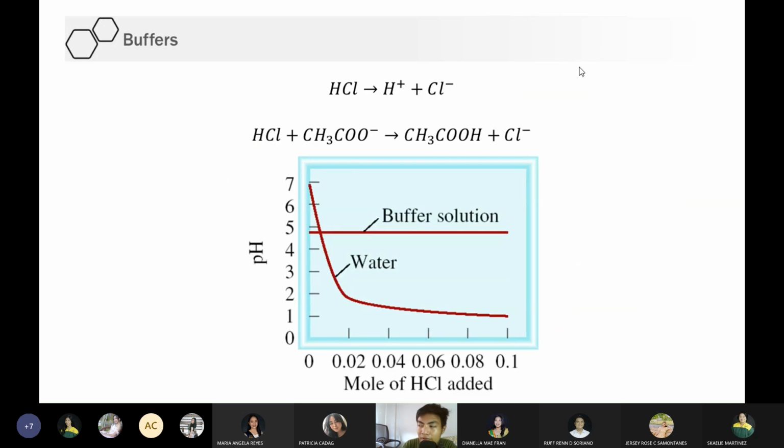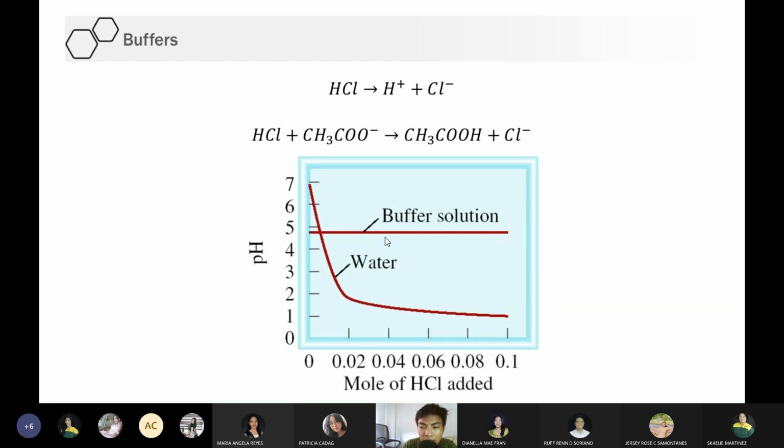So if we look at this graph here, kapag water lang yan, you add acid, drastic ng change sa pH, no? Isang patak lang yan, bagsak agad yung pH. Ibig sabihin, super acidic agad. However, if you have a buffer solution, kahit dagdagan mo yung acid mo, as around constant value lang siya.